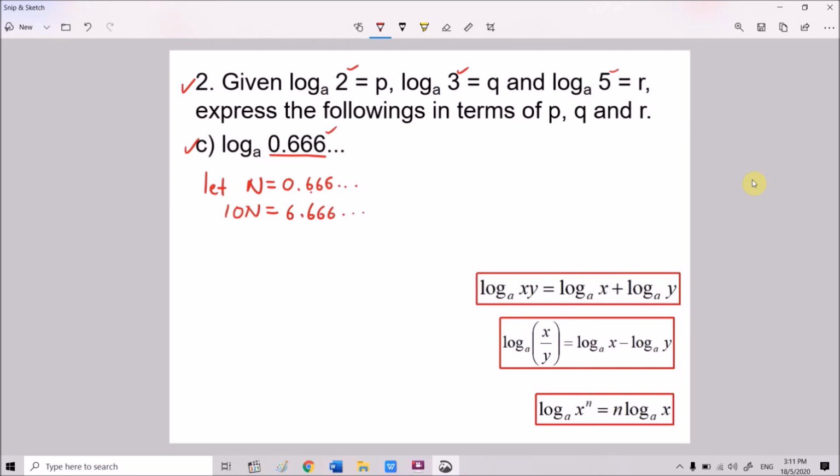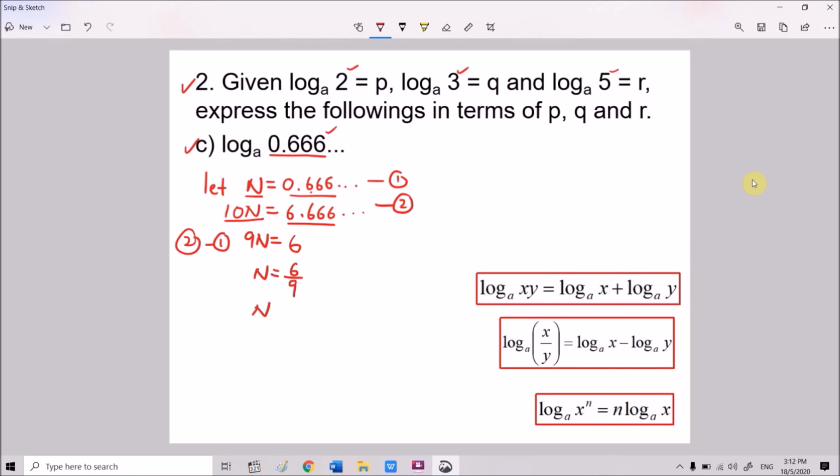We label this as equation 1, and this as equation 2. So when you take equation 2 minus equation 1, meaning 10n minus n, you get 9n for the left hand side. 6.666 minus 0.666 for the right hand side, and you get 6. So n is equal to 6 over 9.